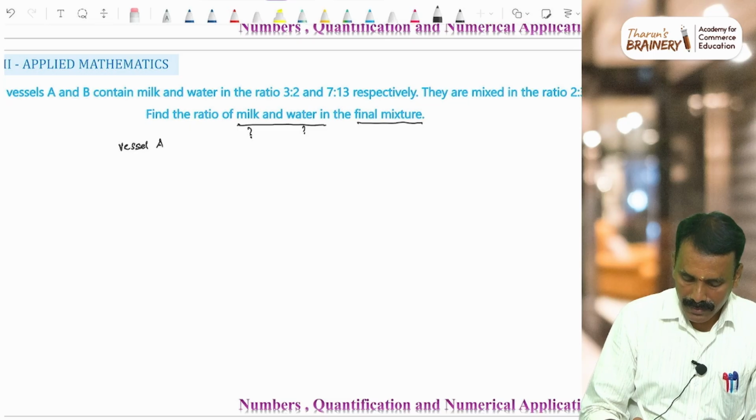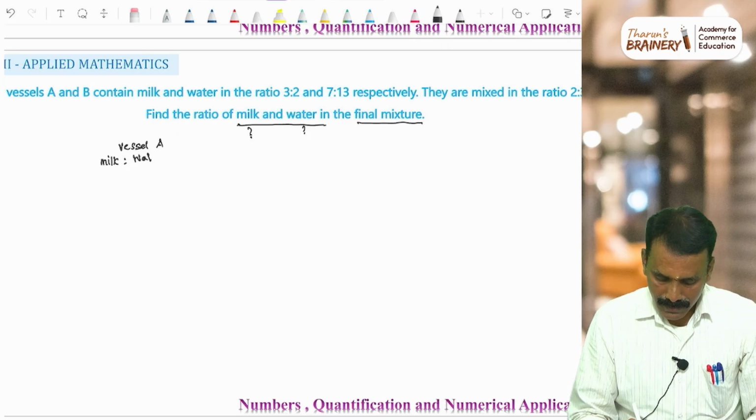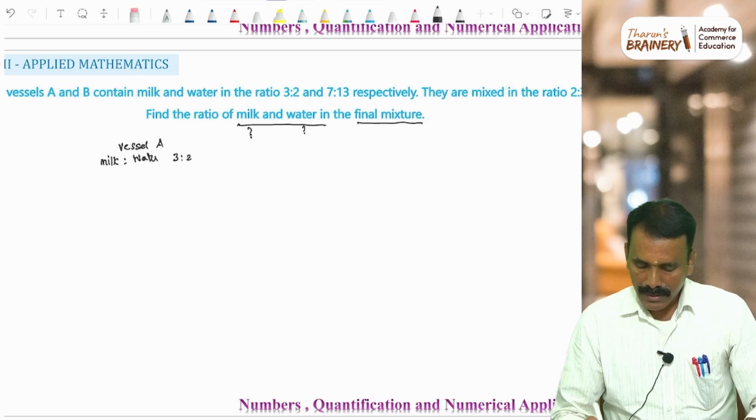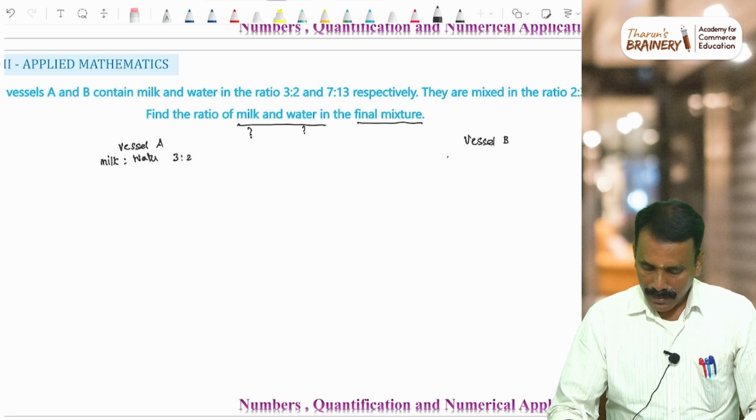Vessel A, milk and water. It is given to be 3:2. Is it clear? And vessel B, milk is to water is 7:13.